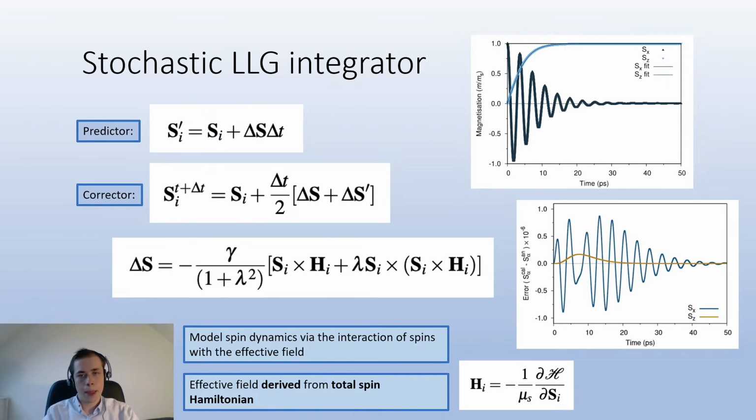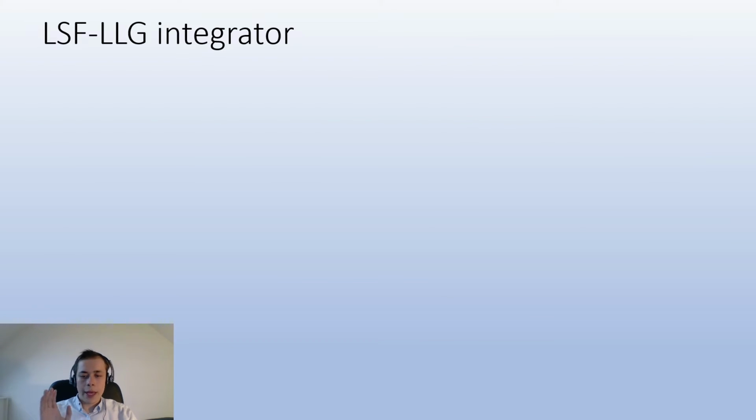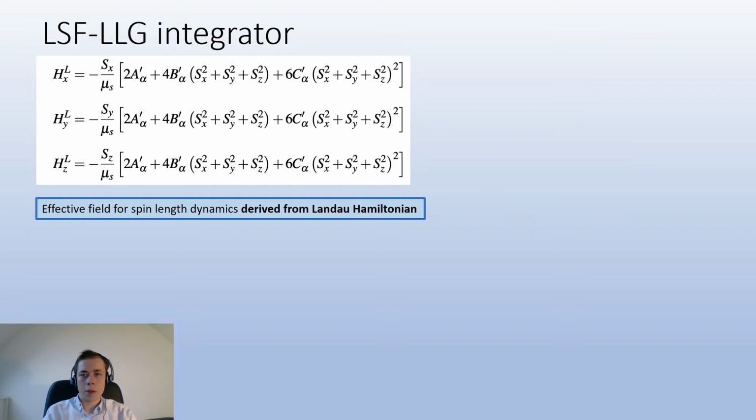So we can now include the longitudinal components that I showed earlier in the Landau Hamiltonian in our effective fields by decomposing the Landau Hamiltonian into x, y, and z components of the effective field. We can do this by taking a look at the earlier identity and realizing that we can differentiate the total Hamiltonian with respect to the spin vector to get the effective field contribution.